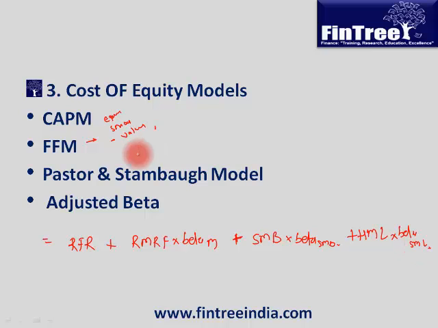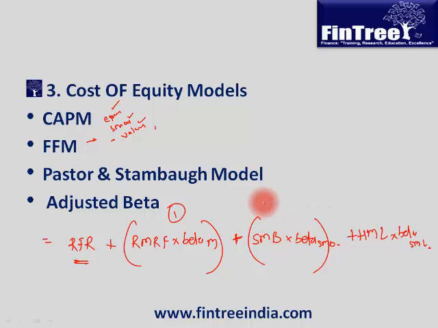So I'm repeating it again. Fama and French model. We've got 3 important factors. One for equity, one for small cap stocks, and other for value stocks. So RFR, which is the intercept, plus RMRF, which is return on market minus risk-free rate of return, into beta of the market. This was the first factor, plus SMB into beta of SMB. SMB is small minus big, return on small cap stocks minus large cap stocks.